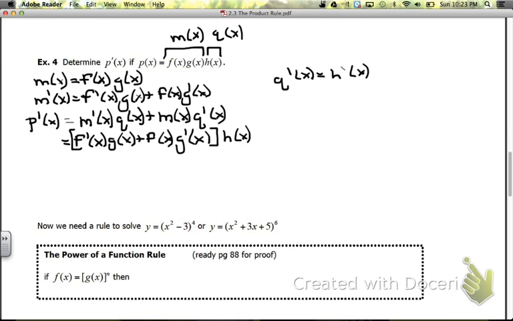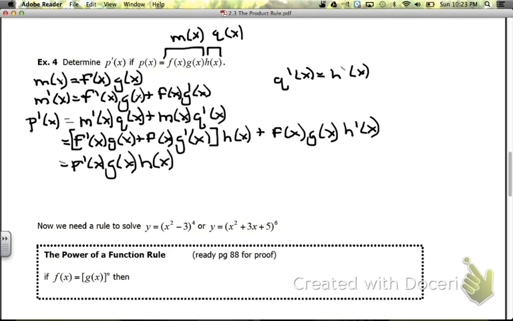Again, this just comes from our product rule, plus now our f of x times g of x, because our m of x is just f of x times g of x, and our q prime of x is just h prime of x.